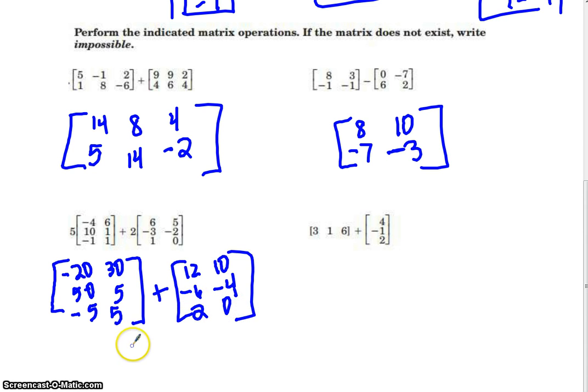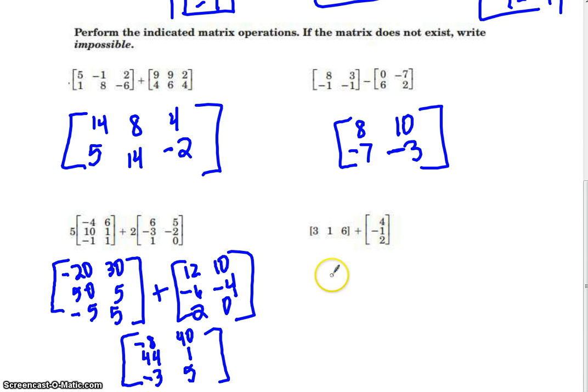Then you're going to take those and combine your corresponding elements. So negative 20 plus 12 is negative 8. 30 plus 10 is 40. 50 plus negative 6 is 44. 5 plus negative 4 is 1. Negative 5 plus 2 is negative 3. And 5 plus 0 is 5. So you have negative 8, 40, 44, 1, negative 3, and 5 for your answer.